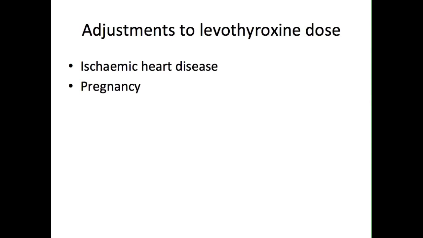In hypothyroid patients with ischemic heart disease, it is important to start treatment with levothyroxine at a low dose and increase cautiously the dose every 3 to 6 weeks until the patient is euthyroid. The reason for this is that levothyroxine can potentially increase the risk of precipitating angina in patients with ischemic heart disease.